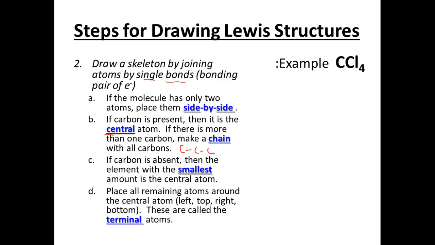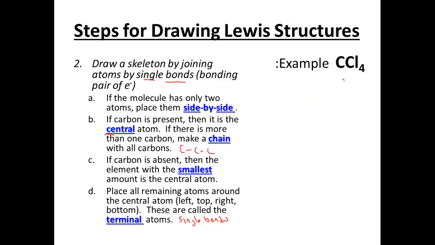If carbon is absent, the element with the smallest amount of atoms is placed as the central atom. Then we're going to place all remaining atoms around the central atom, top, left, right. These are our terminal atoms, and they're going to be connected to begin with those single bonds, as we saw right up at the top of the page.